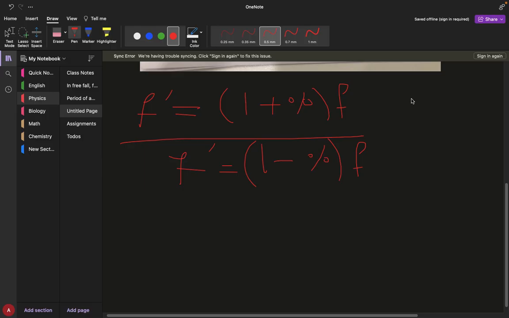You can already tell that it's going to be this one. F observed is going to be 1 minus, because 20% is 0.2, and then you do the math, which is going to be that F prime will be 0.8 of the original, okay?